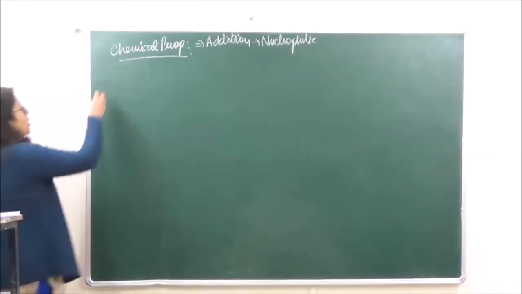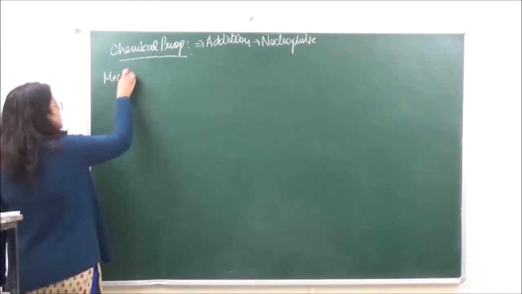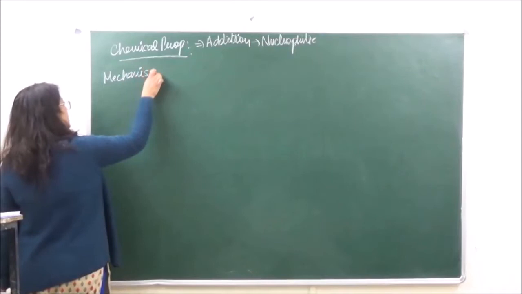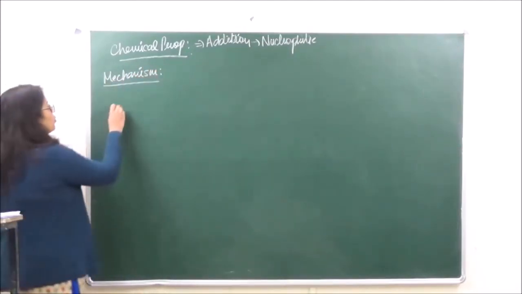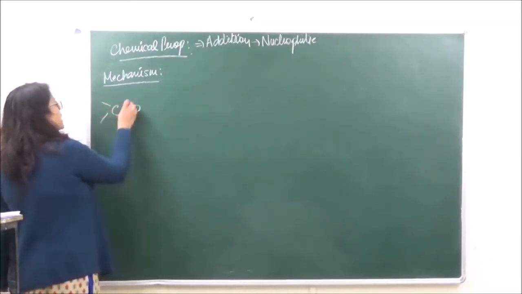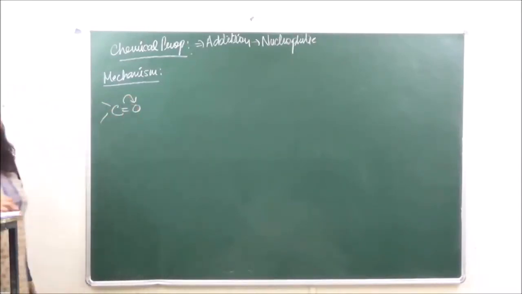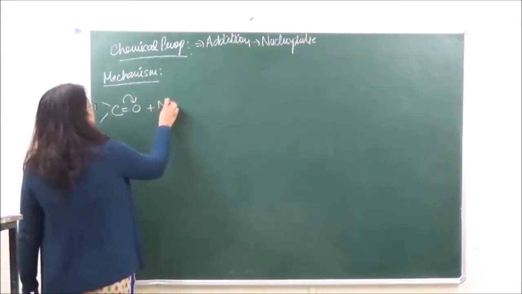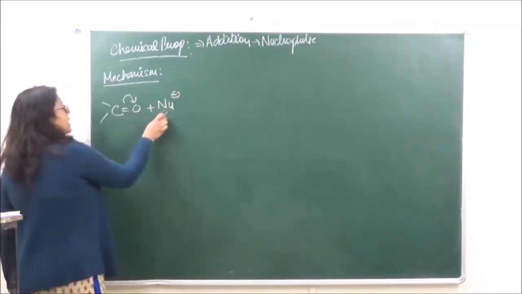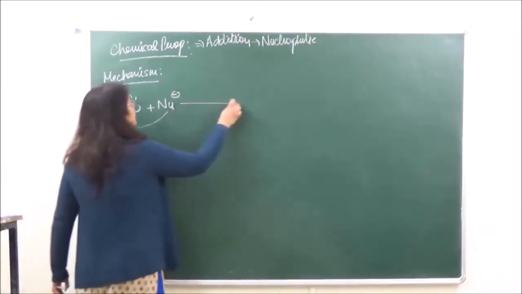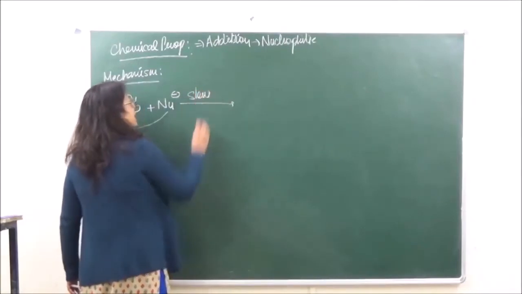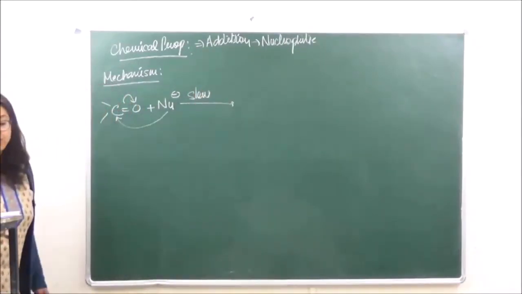So when we're talking of the mechanism of nucleophilic addition reaction, as I just told you, over here the carbonyl group is present, and the electrons will be attracted more towards oxygen because of its electronegative nature. As carbon is getting a positive charge, the nucleophile will go and attack the carbon atom. This step of the reaction is going to be a slow step and the rate determining step.